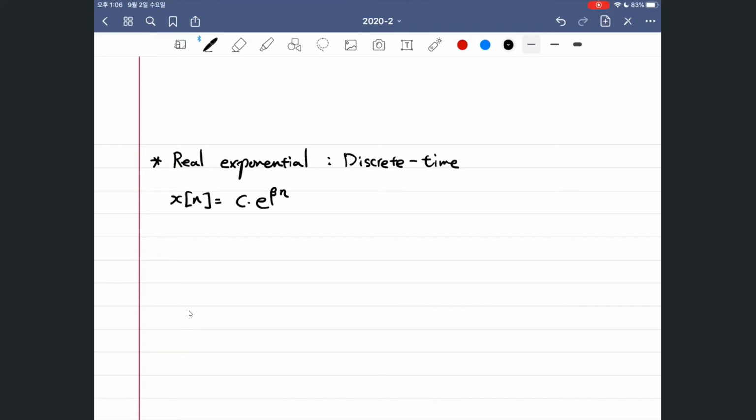And we can also express this as c times alpha to the n, where alpha is e to the beta. So when you substitute this into this term, you obviously get the first equation. And to make the point clear, the term real means c and alpha are real. Okay?